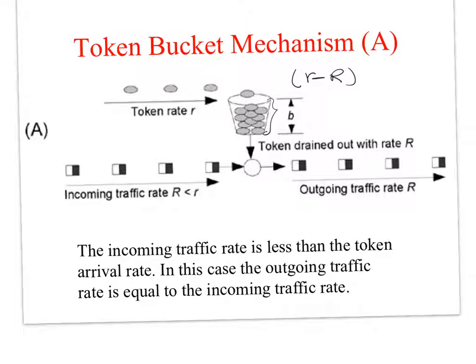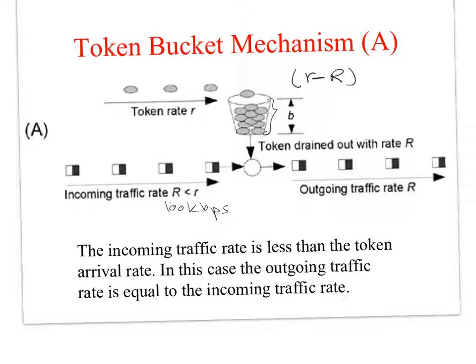Okay? This is the main difference. Let's just use some numbers. Here, let's say the traffic rate, which is capital R, is 1 kilobit per second.